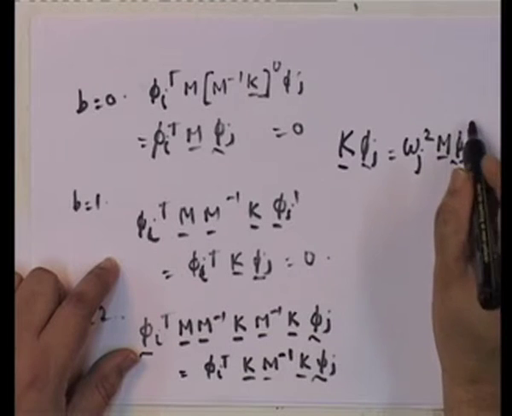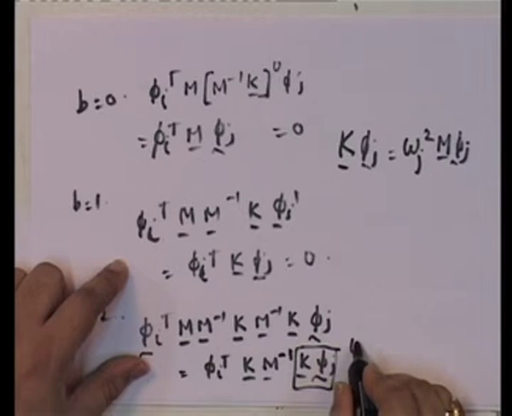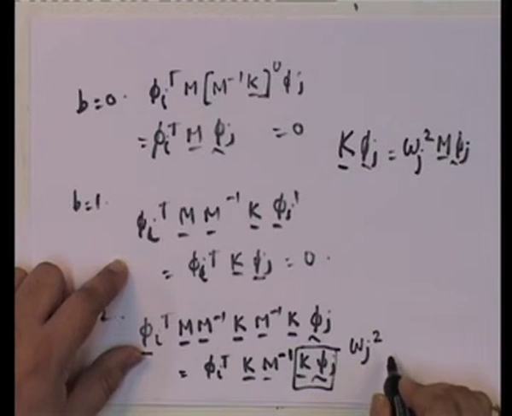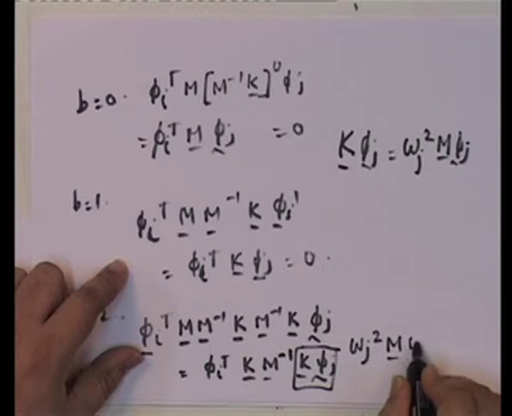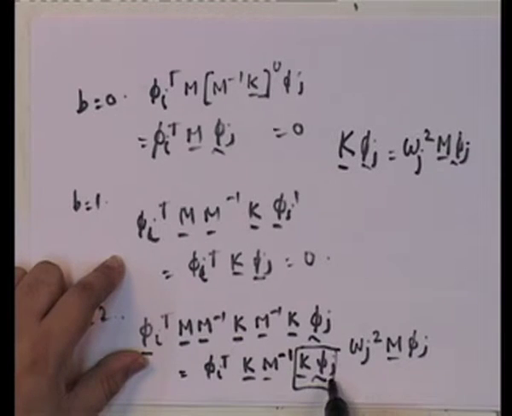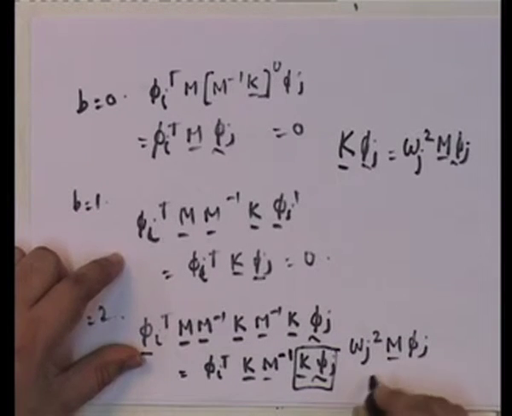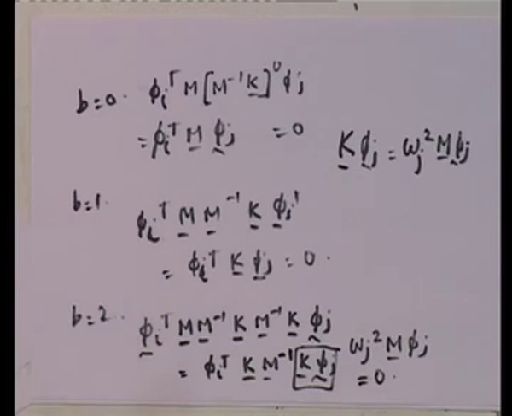Do you agree to that? We have already seen it. If I substitute this, omega j is a scalar, so I can take it outside. I get M inverse into M, which is I, and I into K is K. So, again I get phi I transpose K phi j into omega j squared, which is non-zero. Obviously, this is equal to 0.